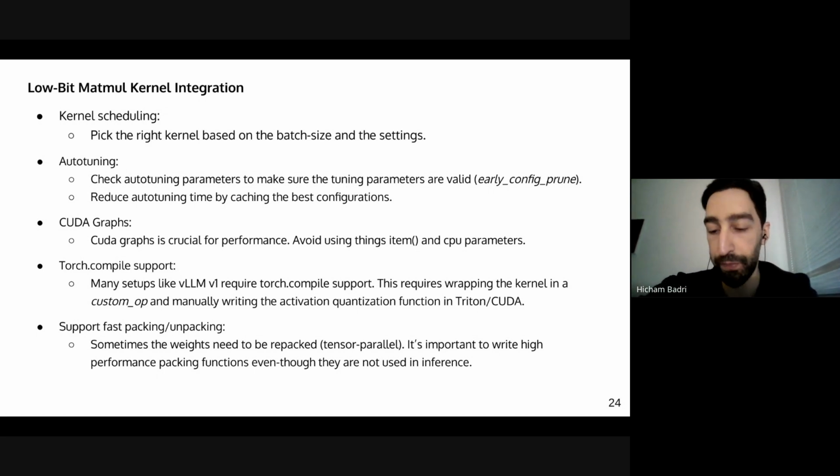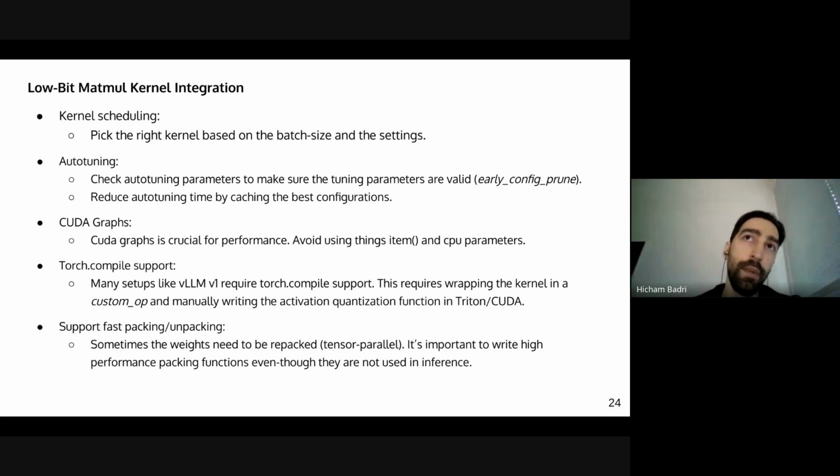For example, if you're trying to use multi-GPU, so tensor parallel, and you already packed your weights, depending on the way you packed your data, you need to unpack these weights, split them across the GPUs, and then pack them again so they can use the kernel. And you need to do this in a very fast way. So you also need to write kernels for the packing and unpacking.